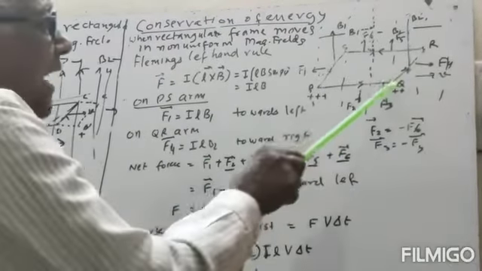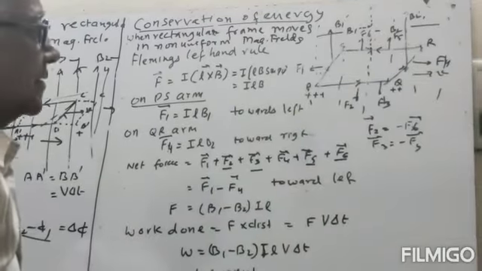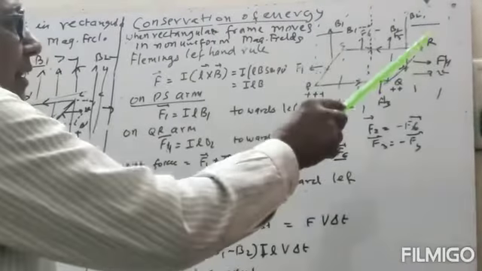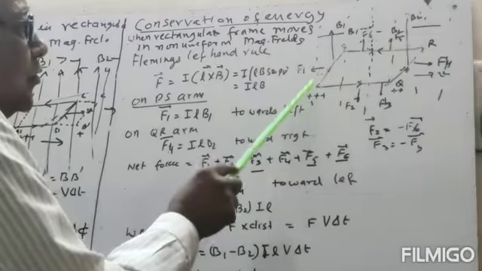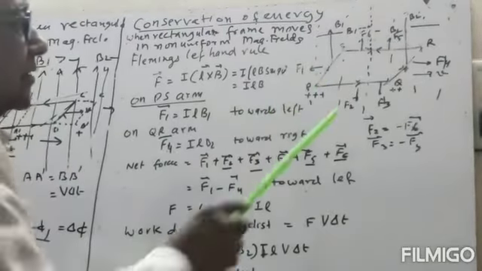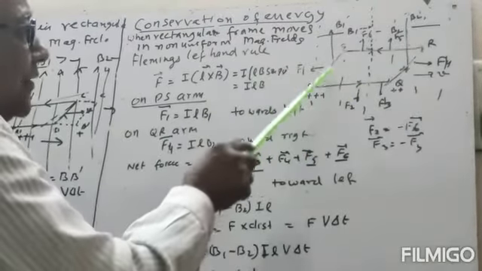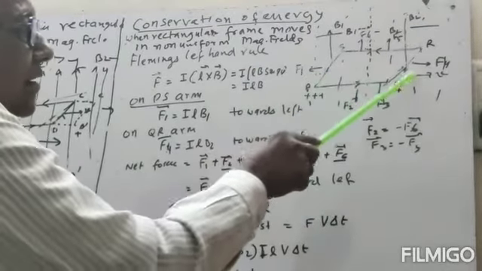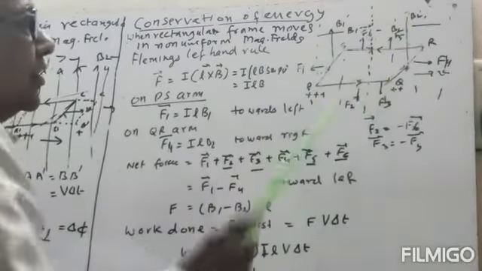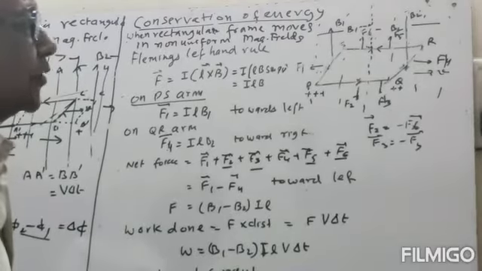Now if we consider the QR branch, which is opposite to the PS branch, here the direction of current will be opposite. Here the direction is this side, here current is on the opposite side. So the direction of force will also be opposite.